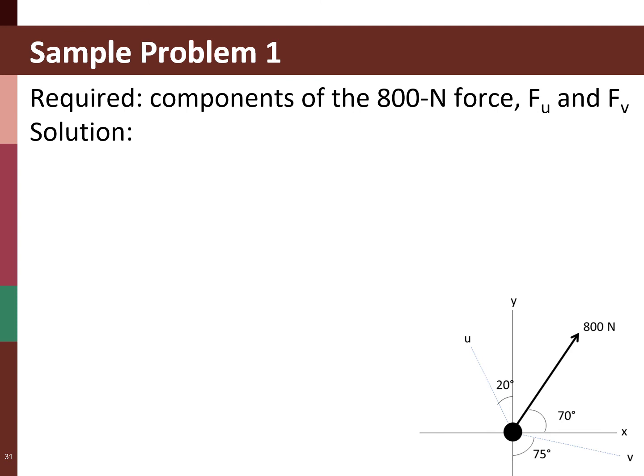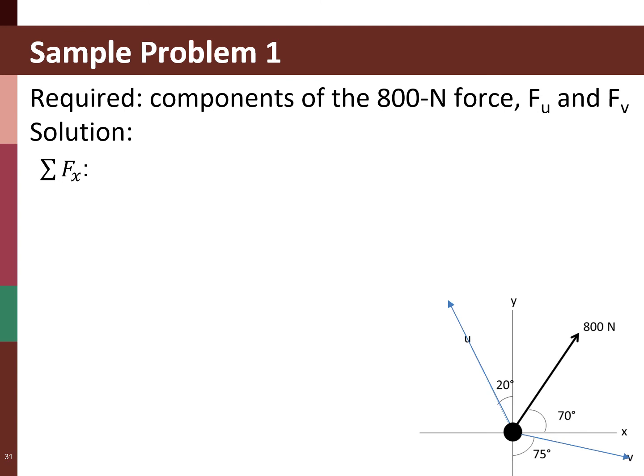For the second part of the problem, we are required to solve the components of the 800 Newton force about the U and V axis. The components about these two axes should envelope the 800 Newton force. Using rectangular components, we get the summation of forces about the x-axis.